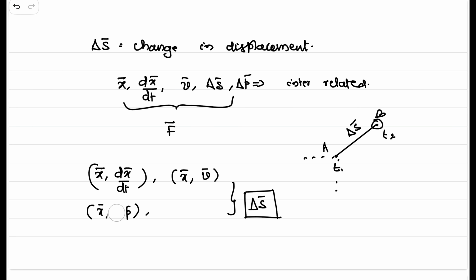Instead of dp we can say p, momentum vector. That means at A and B I should require this, whatever you call it. Position vector and momentum vector, position vector and velocity vector, position vector and rate of change of velocity vector. Once I know these things, I will be able to know the new position of the particle.